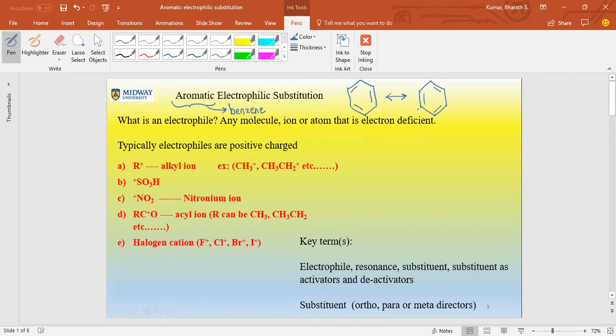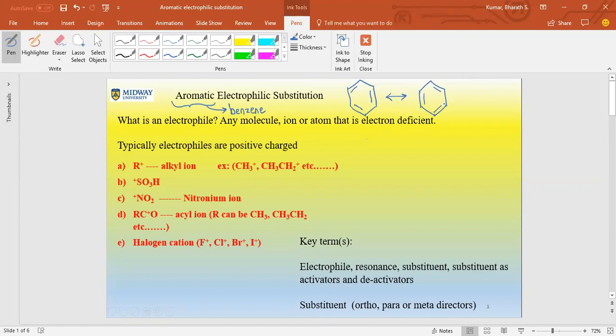Now, you do not have to worry which one you should use. I would always give you one of the two structures, but I want you to know that even if I didn't give you one and you have to start with one of the two resonance structures, you would end up with the same product.